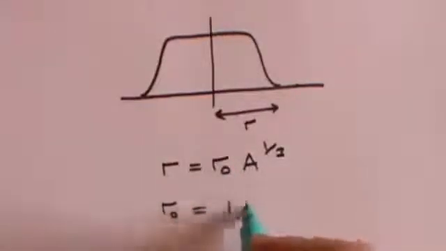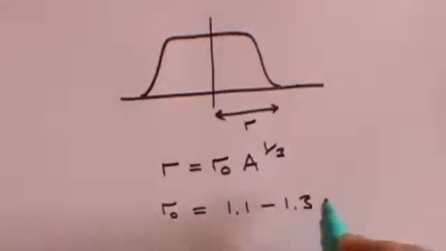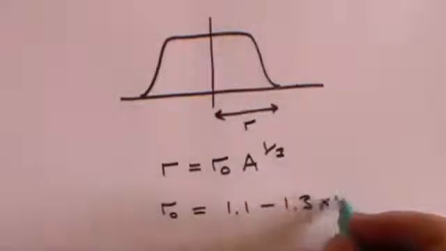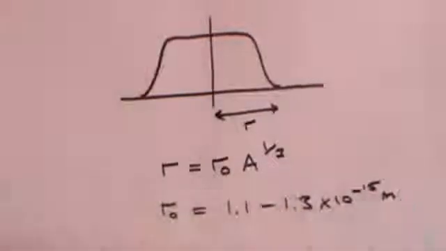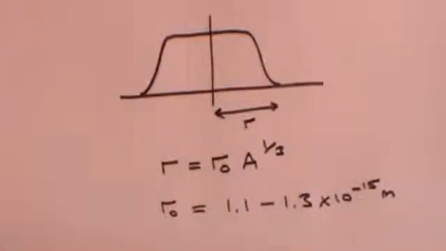You'll see it sometimes 1.1, anything from 1.1 to 1.3 times 10 to the minus 15 meters. So let's compare how that formula compares with what we calculated earlier in this video.